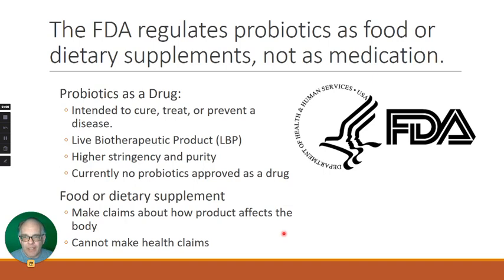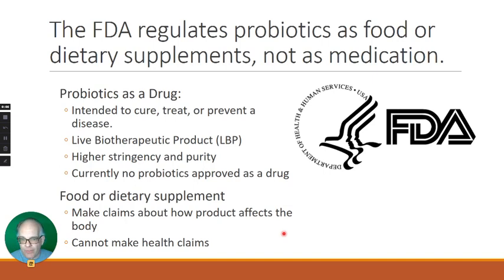And so if the FDA is looking at these probiotics as a drug, they're going to be treating it as a drug. And a drug is intended to cure, treat, or prevent a disease. If we make these claims with a probiotic, that we're going to be treating a disease or preventing a disease, then we have to go through this higher stringency process. We've got to do the clinical trials.